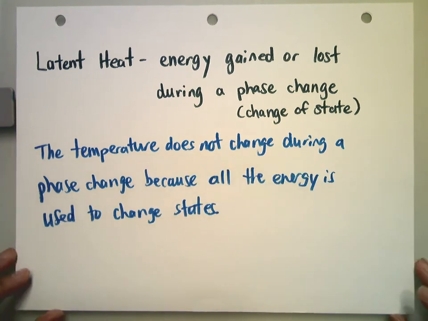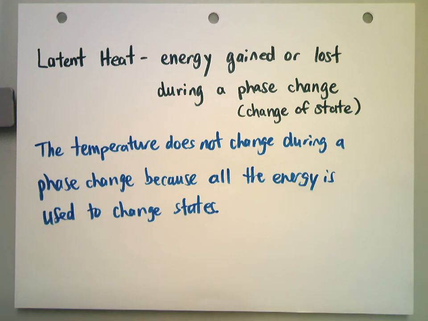Okay, so let's do an example. We're going to use the example of water. We're actually going to melt water, or in other words, melt ice, and we're going to heat it all the way till it turns into a vapor.